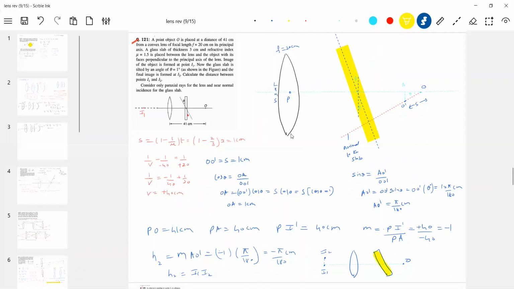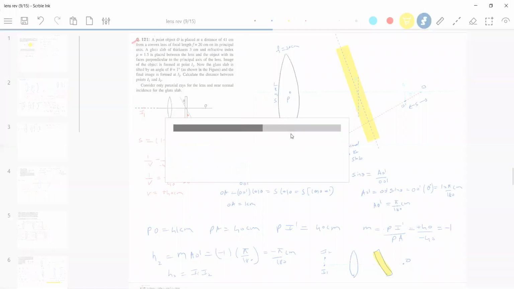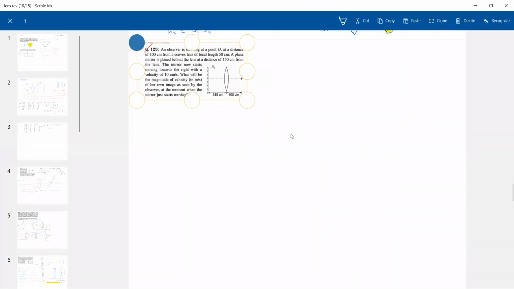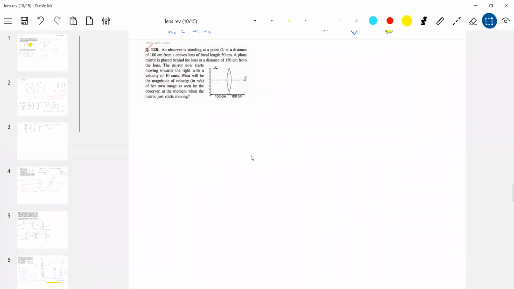Shall I go for the next one? One more simple idea-based problem.